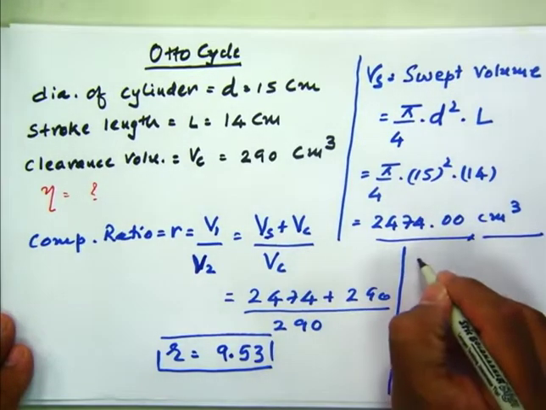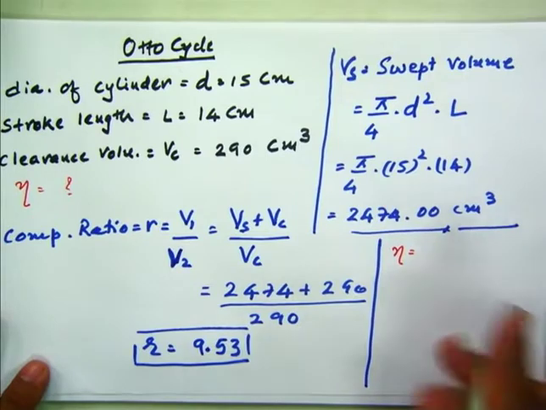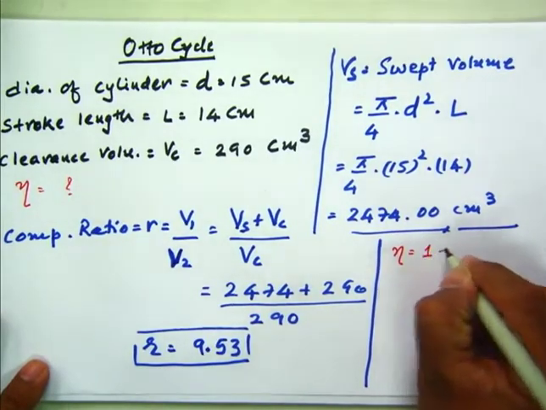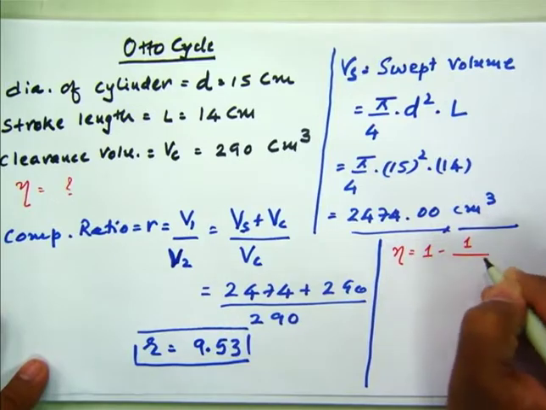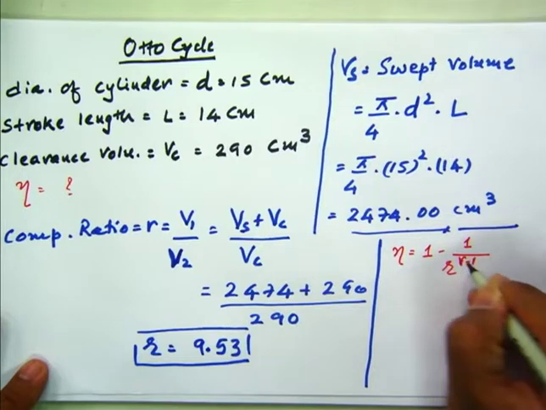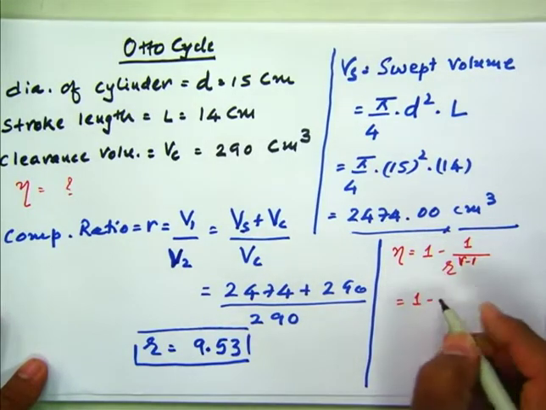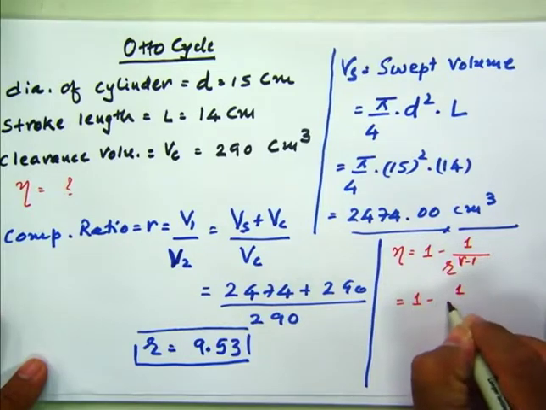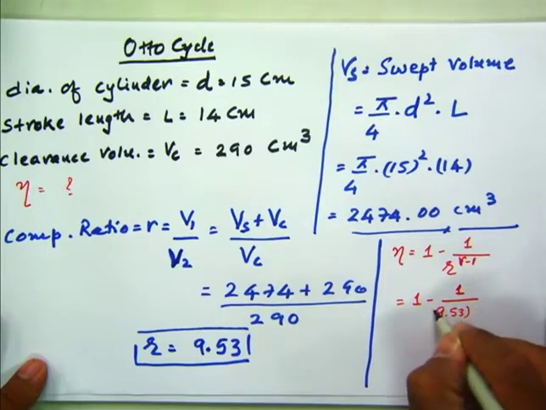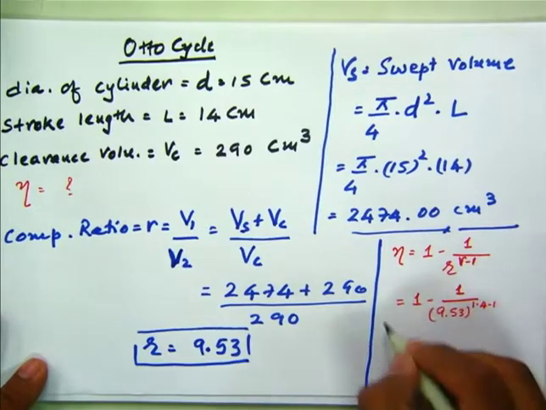See, efficiency is equal to 1 minus 1 upon r raised to gamma minus 1, so it is equal to 1 minus 1 upon 9.53 raised to 1.4 minus 1.